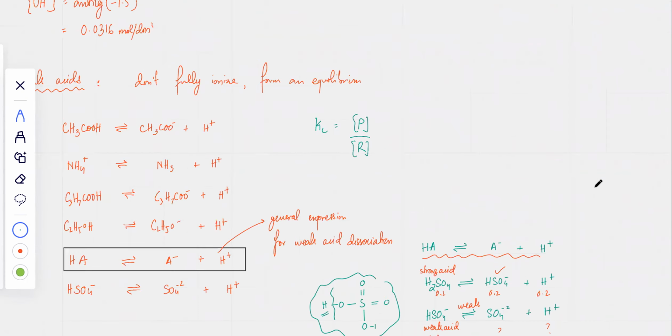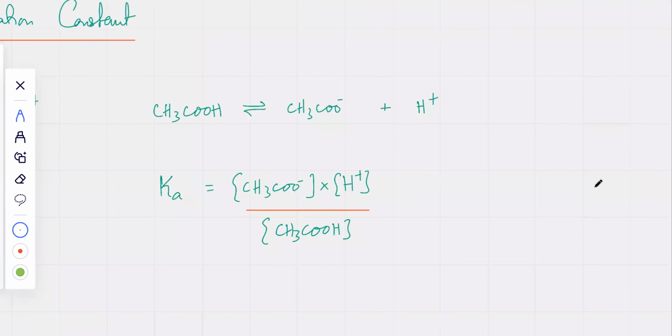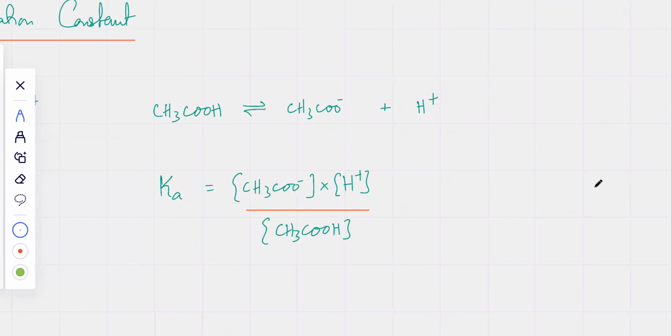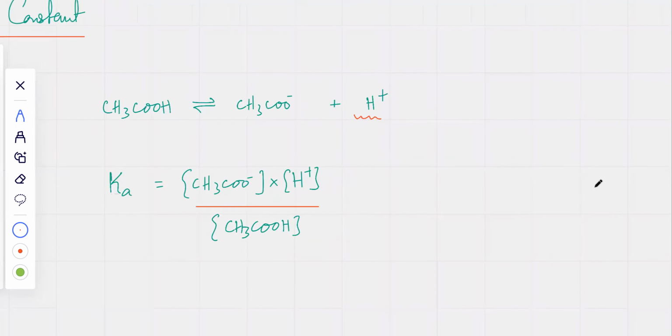It's an oversimplification. But no matter, the Ka expression would still come out to be the same expression. So remember that there is no H+ in water, it gets absorbed by water.